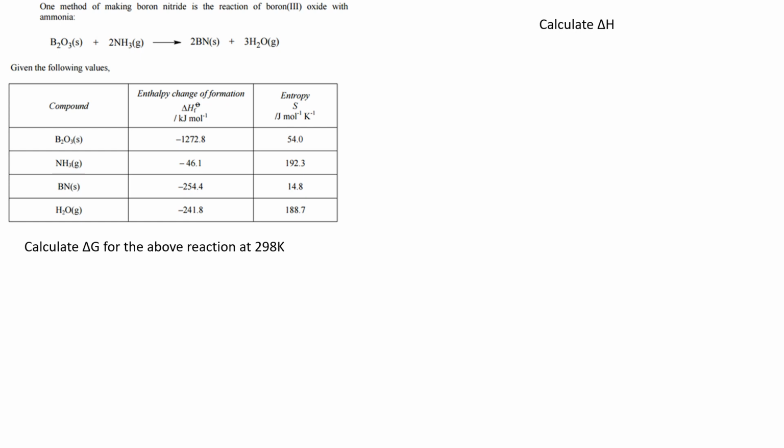Okay, so in terms of calculating delta H, if you're not sure how to do Hess cycles, it's worth watching my video on formation Hess cycles. Please note that this is a formation Hess cycle, so it's enthalpy change of formation, delta Hf. When you have a formation Hess cycle, you've got reactants going to products, and then you've got the elements in their standard states down here.